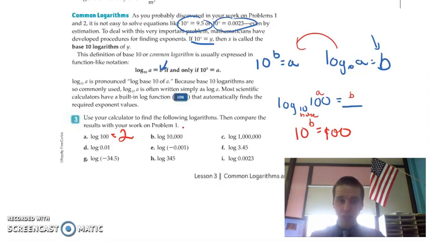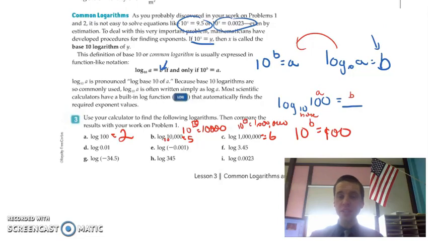Or let's look at this one. 10, because this is a log base 10, to what power equals 10,000? Well, we know that is 4. So this better equal 4. And 10 to what power will give you 1,000,000? We better know what that is. That is 6.